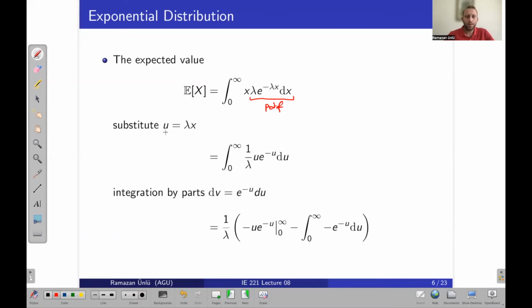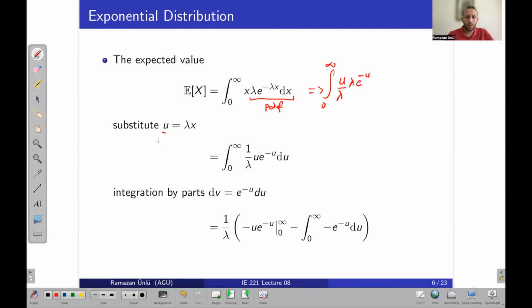Let u be equal to lambda times x. Integrating from 0 to infinity, x is u divided by lambda, and I have one lambda here, times e to the minus u.